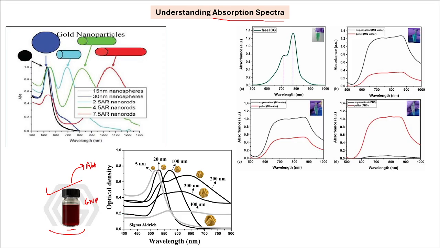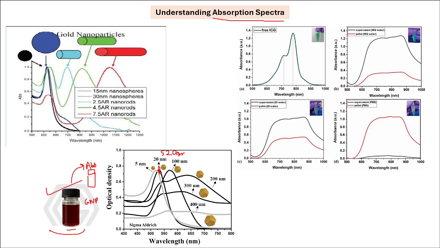Suppose you observe a wavelength somewhere around 520 or less than 520 nanometer. You took this sample, put it in a cuvette, put this cuvette in a UV-visible absorption spectrophotometer and recorded the absorption.